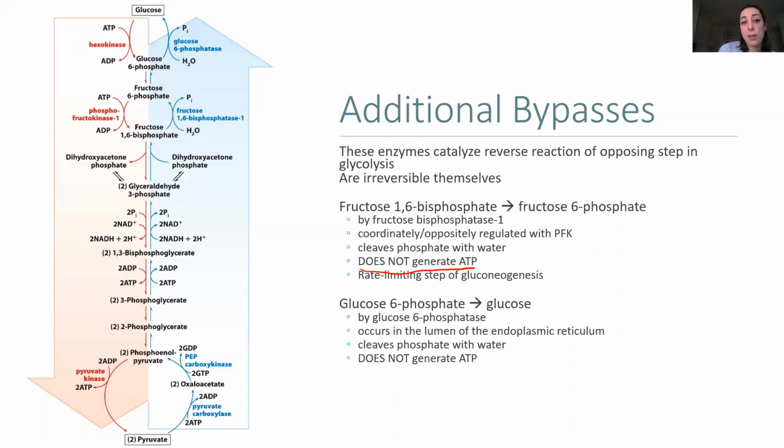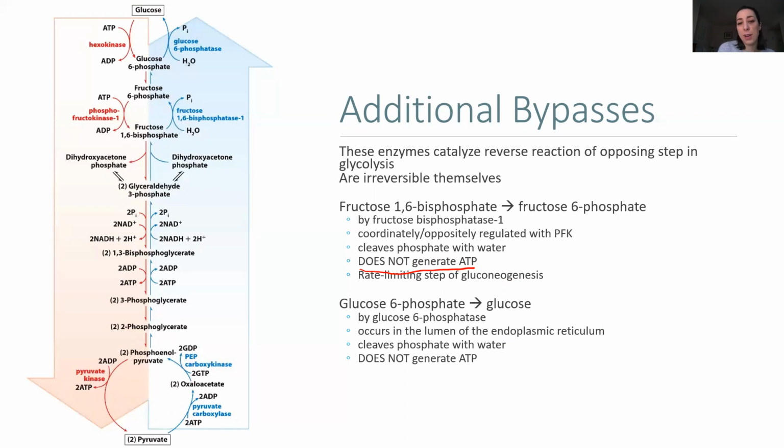It instead is taking water and cleaving off an inorganic phosphate from that fructose 1,6 bisphosphate and generating the fructose 6 phosphate. So even though there is a cleaving of a phosphate here, it does not generate ATP. So this is not an energy generation step, even though the reverse uses ATP.